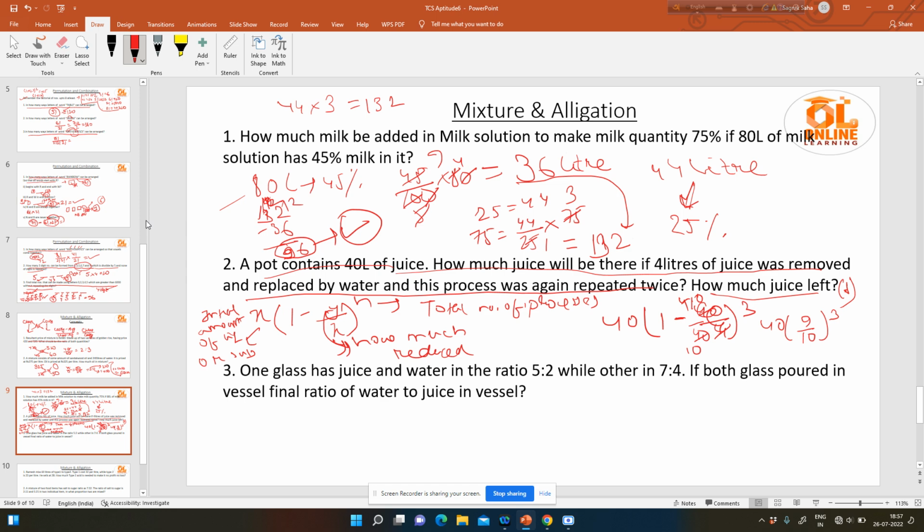If we do this, we will get the answer as 29.16 liters. Please solve it and we will get 29.16 liters as the answer.